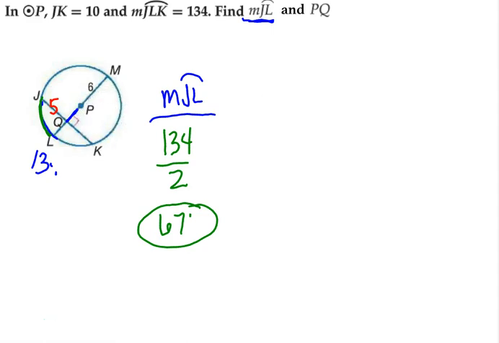What if I drew it so it connected P to K? Well, I know that is 6. And I know that QK is 5. And now if we look, guys, what kind of a triangle do I have here? It's a right triangle, right? So now I can easily perform the Pythagorean theorem to figure out what PQ is.